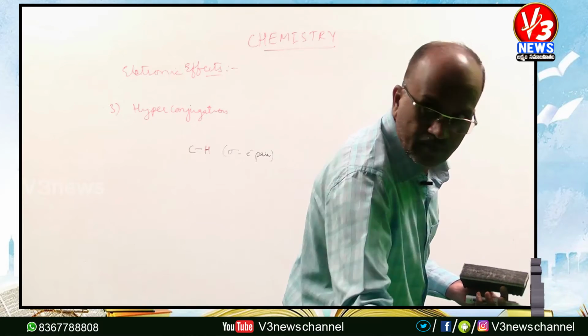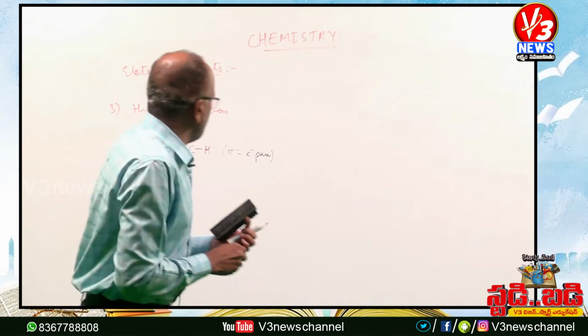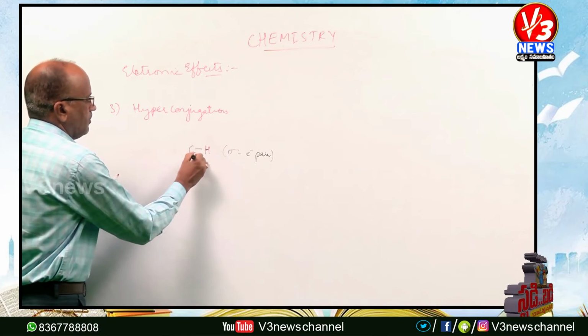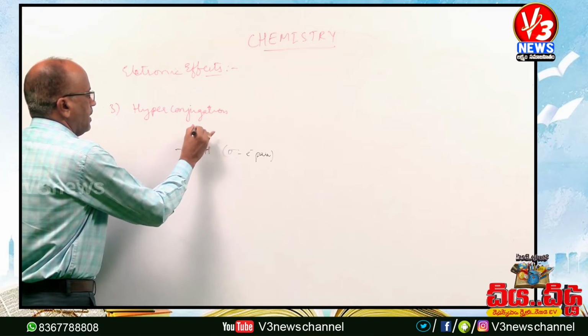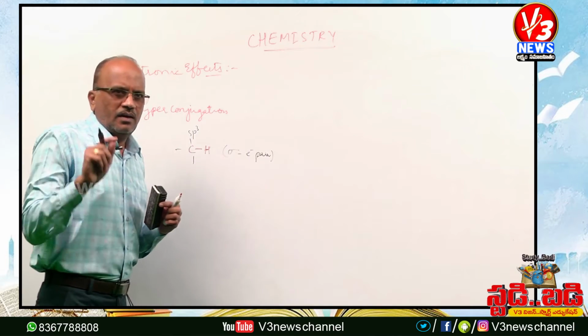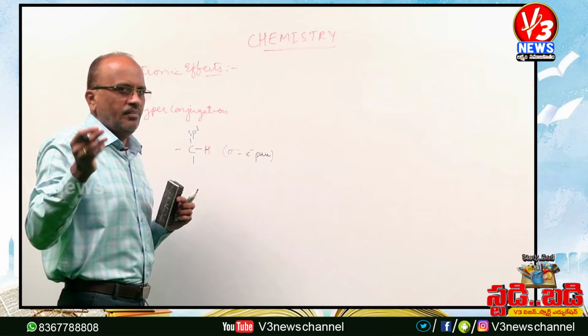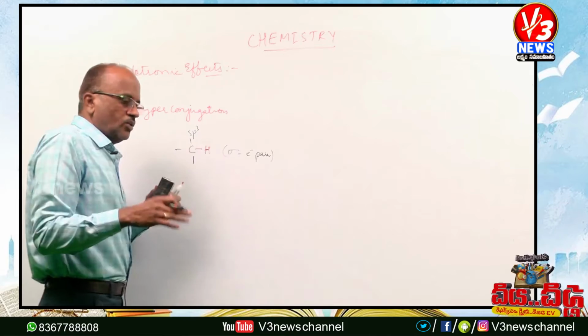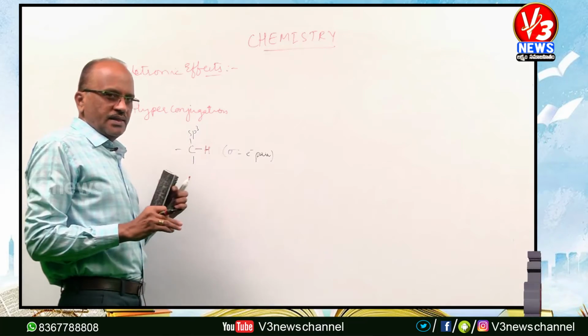In this hyperconjugation, there is overlapping of the filled sp3 hybrid orbital of the alpha carbon with an empty p orbital or empty pi orbital. Now we will see how to find these hyperconjugative structures.